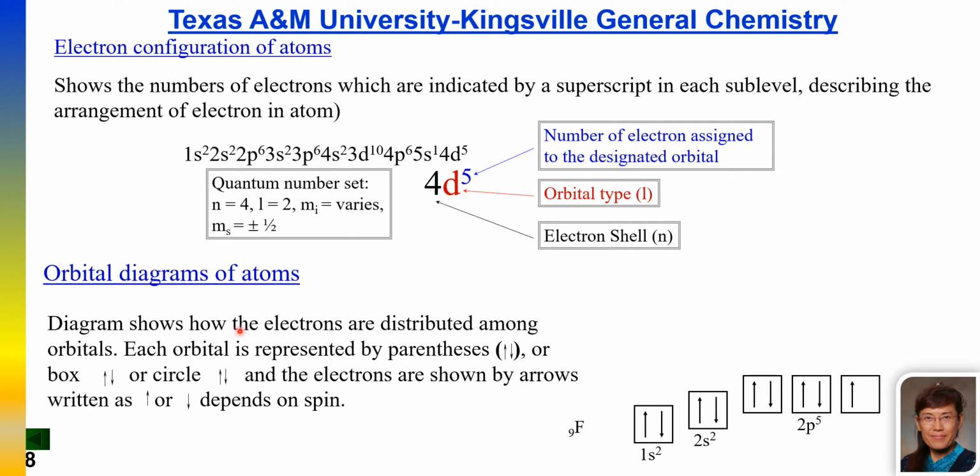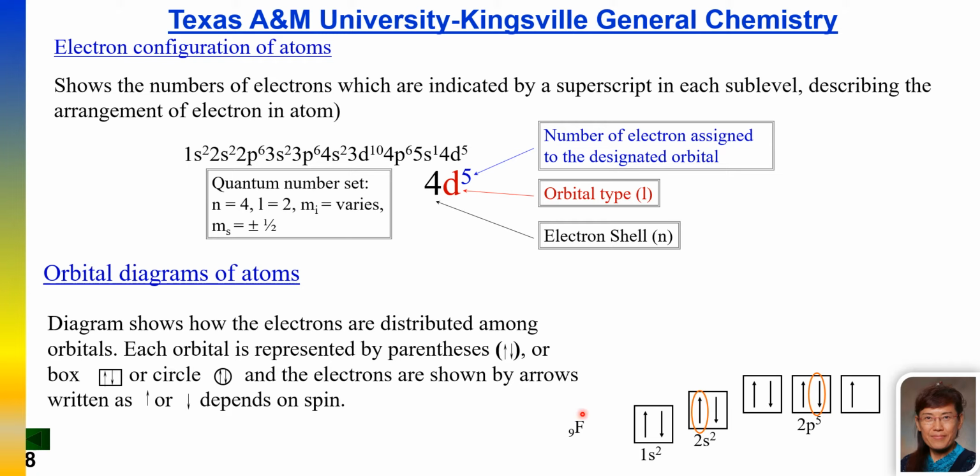The orbital diagram shows how the electrons are distributed among the different orbitals. Each orbital is represented by a parenthesis or a box or a circle, and the electrons are shown by arrows written down either as an up spin or down spin, depending on spins again. For example, fluorine.